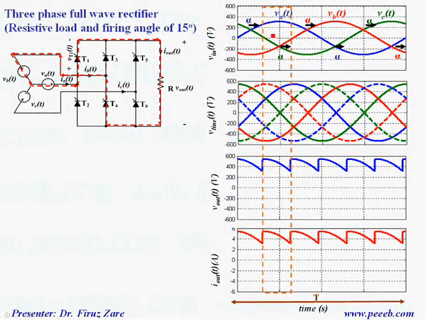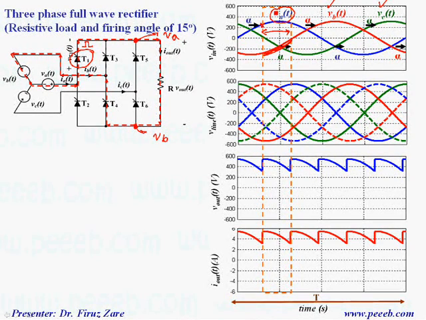Let's concentrate on this interval. Basically at this time we decide to turn on this thyristor because in the upper group, phase A is getting positive and greater than phase B and phase C. So when we apply gate signal into this thyristor, we can turn on this thyristor and we can provide phase A into this terminal, and over this time still phase B appears at this point.